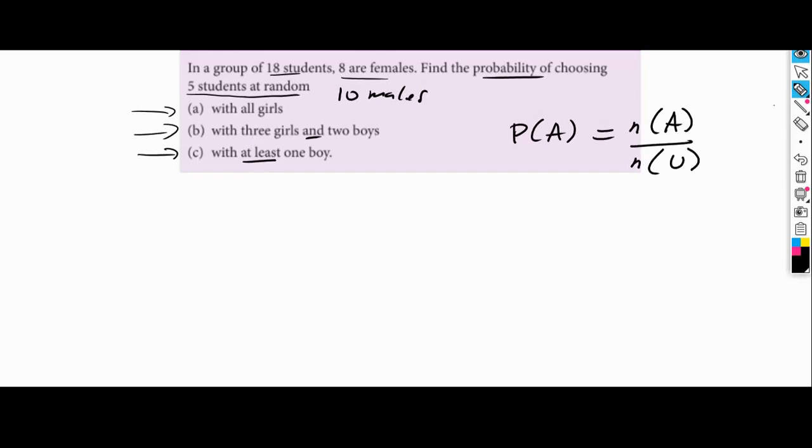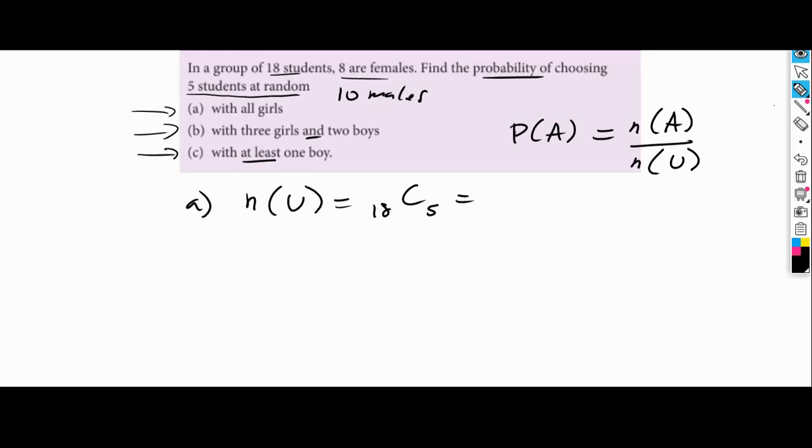So the first question for A is, what is the sample space? Now the sample space is simply picking 5 students at random out of the 18. So that is a combination, right? So 18 in combination with 5. This is going to be the total number of outcomes of the sample space.